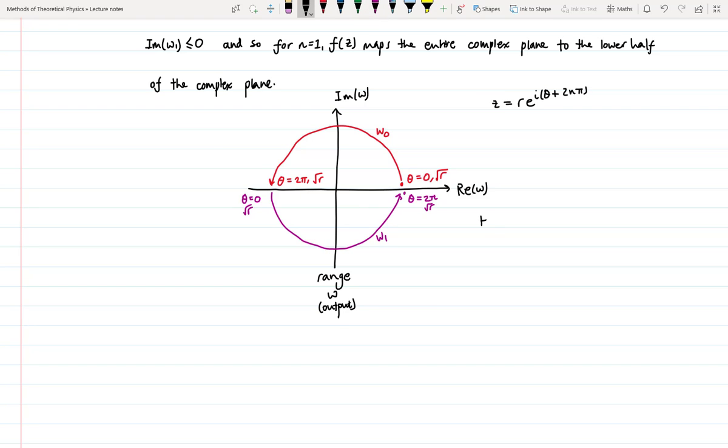It's therefore clear that the input z must go around the origin twice for w to return to the original value.